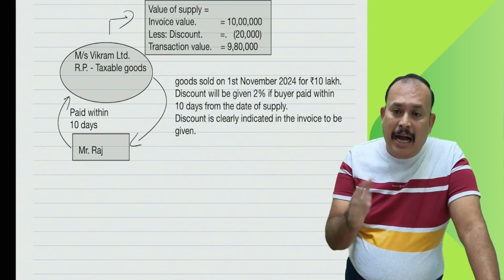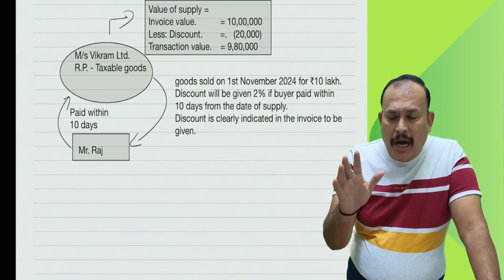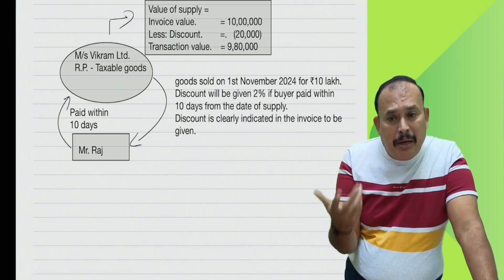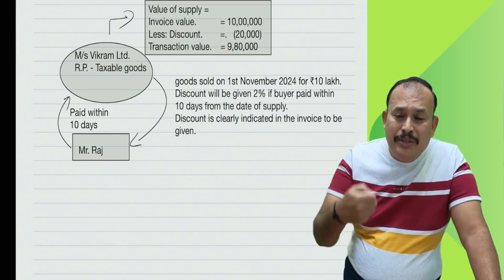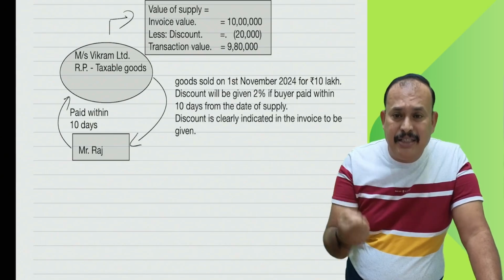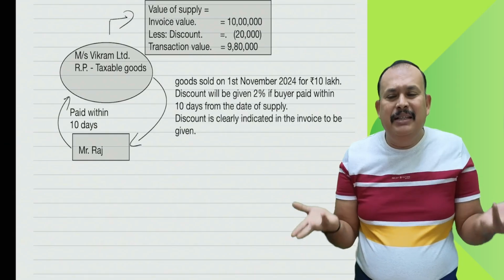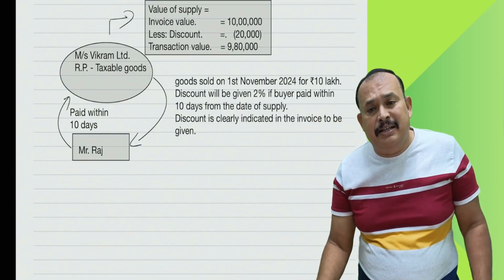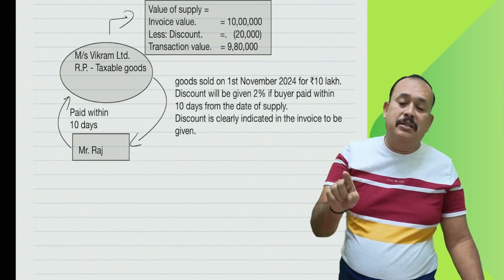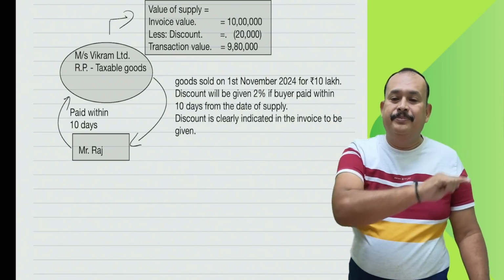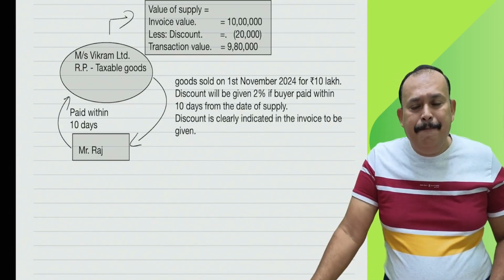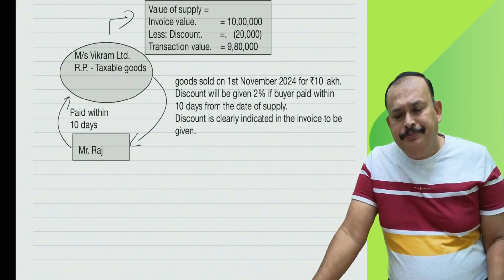I sold for 10 lakhs. After some time the seller wants money, therefore to expedite the realization he offers a discount which is not mentioned in the invoice. In that case, the discount is given at a later date after supply. That type of discount is not allowed as a deduction. Got the clarity? Any difficulty?